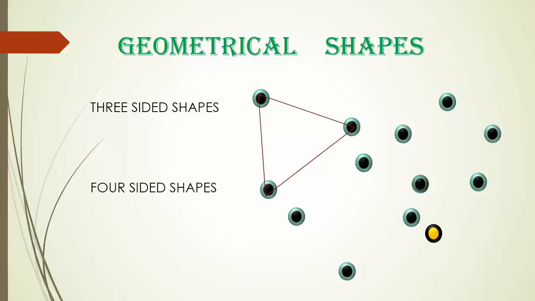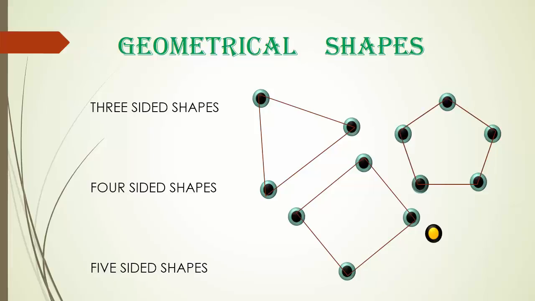Also, four-sided shapes can be formed from these patterns as shown once more on the screen. Last but not least, we also have five-sided shapes which can also be seen here on the screen.